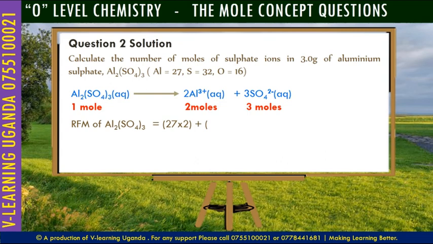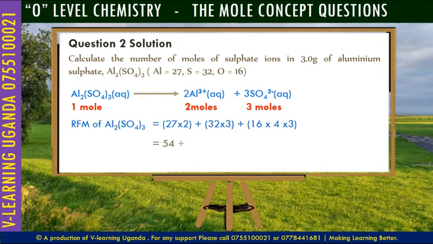The relative formula mass will have 2 times 27 to cater for aluminum, then for sulfur we have 32, the relative atomic mass of sulfur, times 3, because in the formula we have the sulfate bracketed by 3, and for the oxygen we have 4 times 16 times 3.